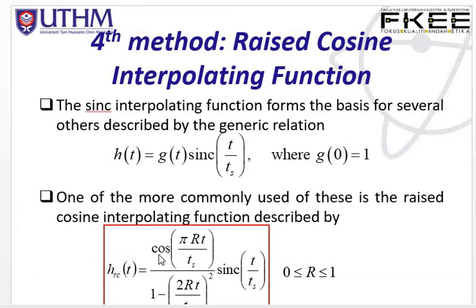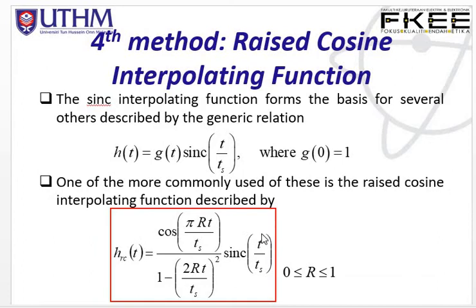So h_RC equals the cosine of (pi R t over Ts) divided by 1 minus (2Rt over Ts) squared, multiplied with sinc(t over Ts), where R is from 0 to 1.